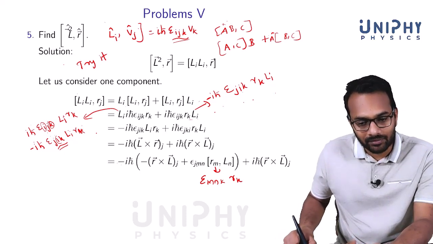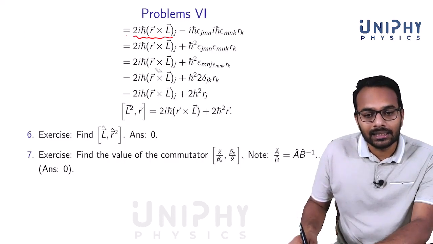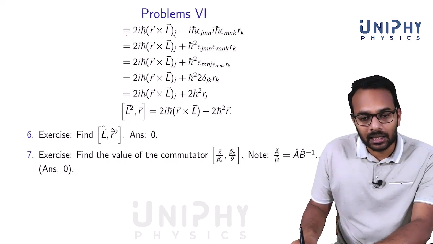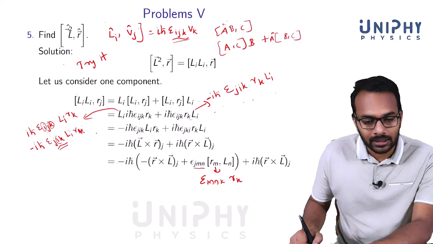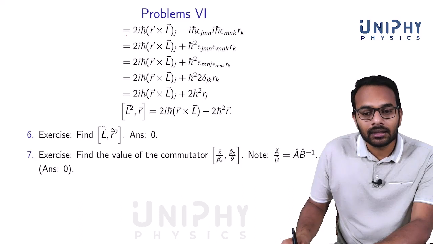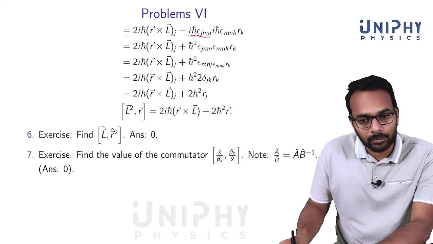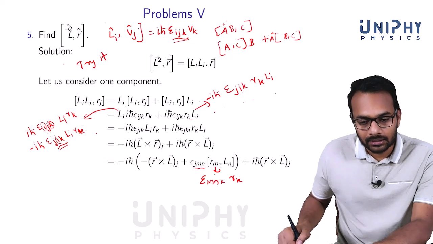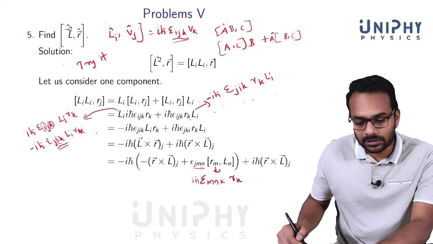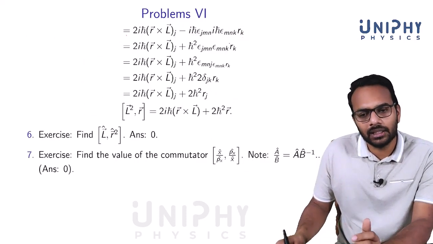We already have this epsilon jmn here, so we just write it together. It is twice iħ cross R cross L jth component, minus iħ cross epsilon jmn, and then from the commutator you have iħ cross epsilon mnk r_k. There's an iħ cross here, of course, because we are talking about commutator. Is this clear? I hope this is clear.